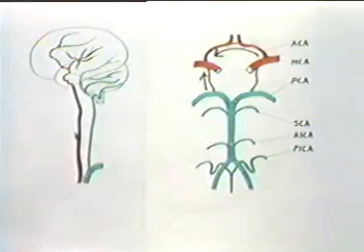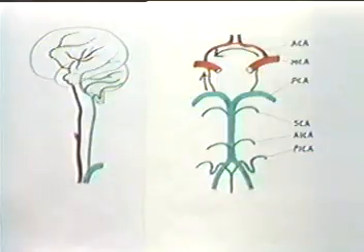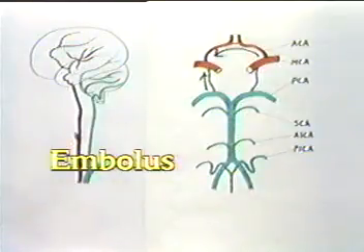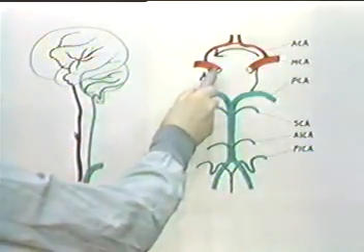I mentioned previously that the middle cerebral artery is often involved in strokes because of predilections for bleedings in the lenticulostriate arteries. Well, here's another reason why the middle cerebral artery is often involved in strokes. Suppose a blood clot detaches from the heart in a patient with a heart disease. Such a detached blood clot, called an embolus, can easily find its way up into one of the internal carotid arteries.